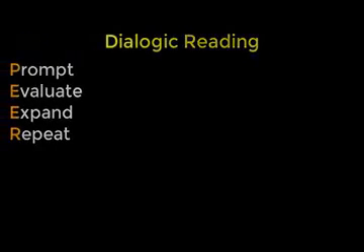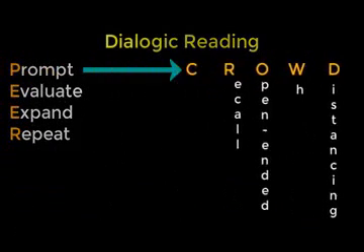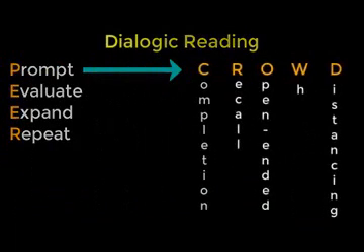Let's review. The technique used in dialogic reading is the PEER sequence. PEER stands for prompt, evaluate, expand, and repeat. CROWD are ways to prompt children in order to begin the PEER sequence.